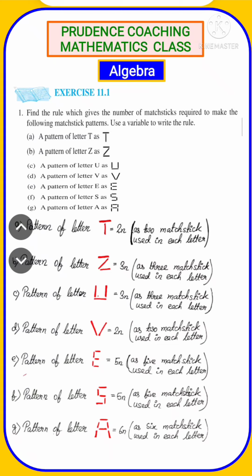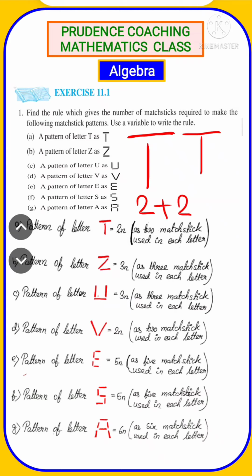So as in number A, as you can see, we have a pattern of the letter T written like this, one line and this one, with no joining between this line and the line here. Here, as you can see, these are the matchsticks. We need 2 matchsticks like this to form a single T. If I say we are making 2 T's, then how many matchsticks will we need? This 2 plus this 2.